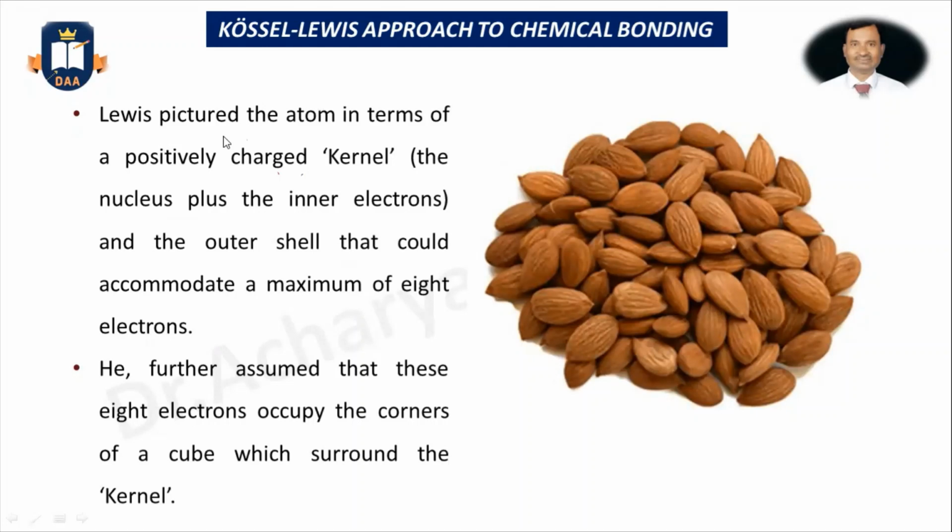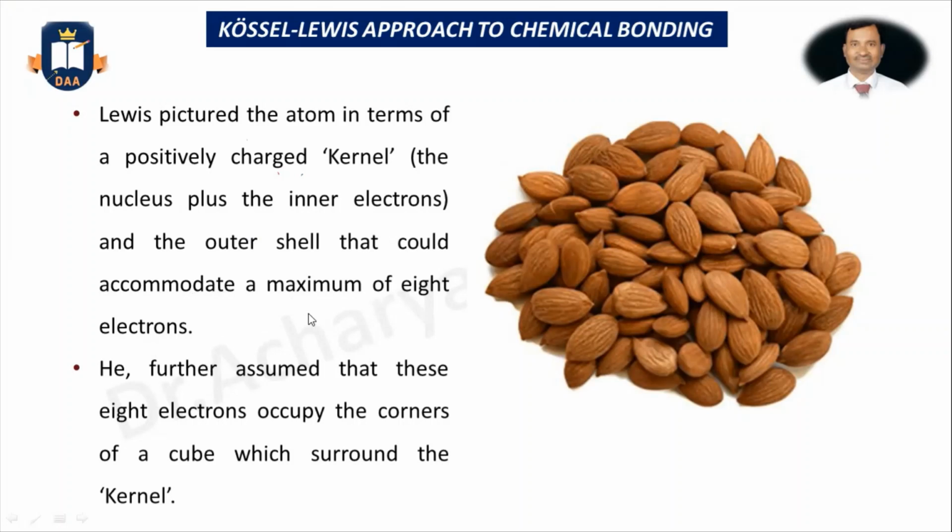Lewis said that the nucleus and the inner electrons form the kernel, and it has an outer shell which can accommodate a maximum of 8 electrons.